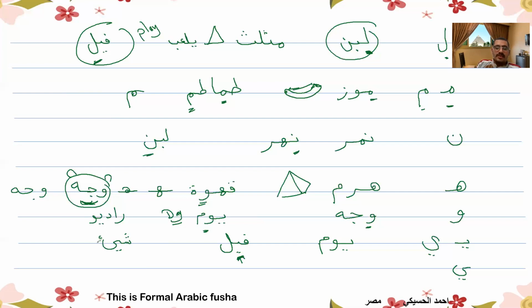This is hamza, shay' means thing, anything or something. And hayy means alive. So ya has two dots or has this curve in the end.